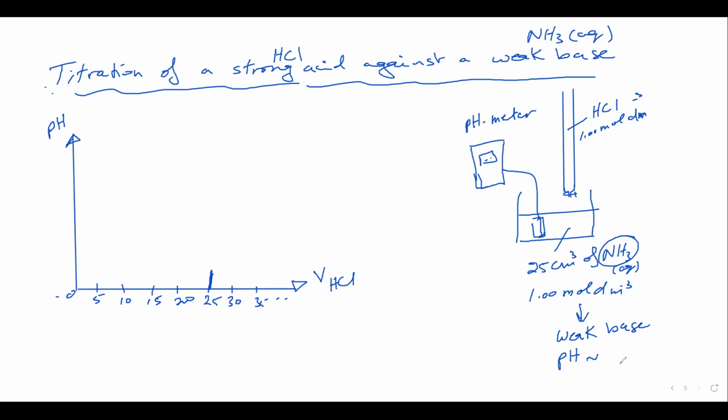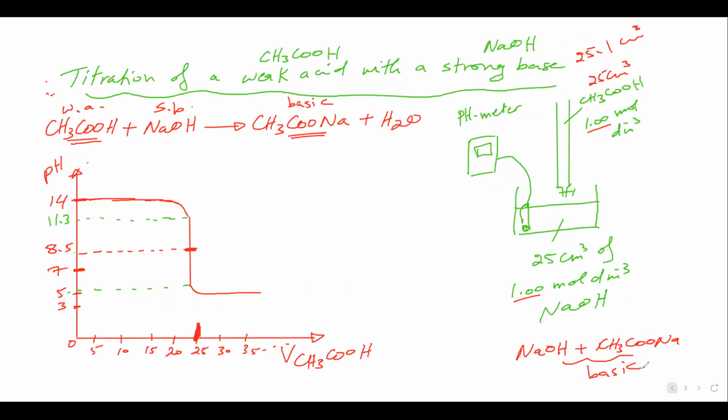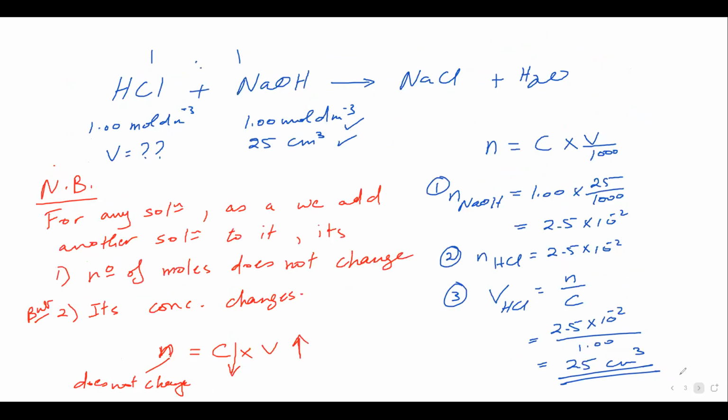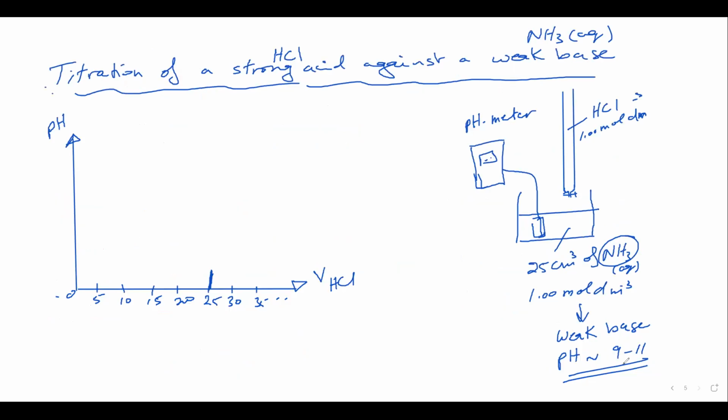The pH should be between 9 and 11. Whenever we have a weak base, the pH would be between 9 and 11. A strong base, like sodium hydroxide or potassium hydroxide, is between 12 and 14. So if we start at 11, of course here we have 12, 13, 14.